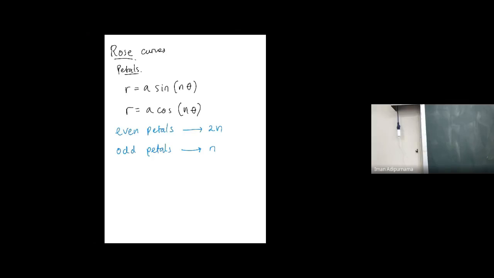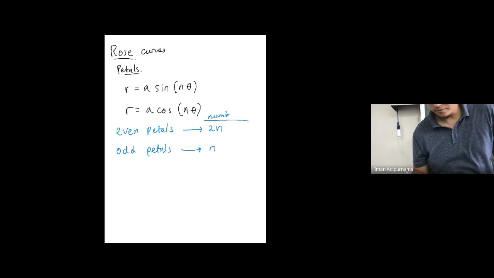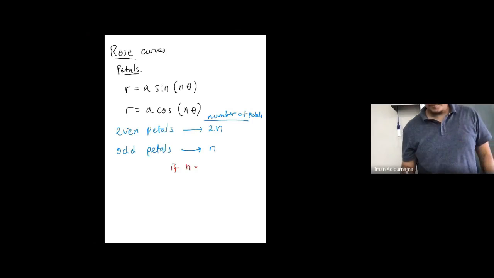If you have even petals, for example n is 2, the number of petals will be 4.